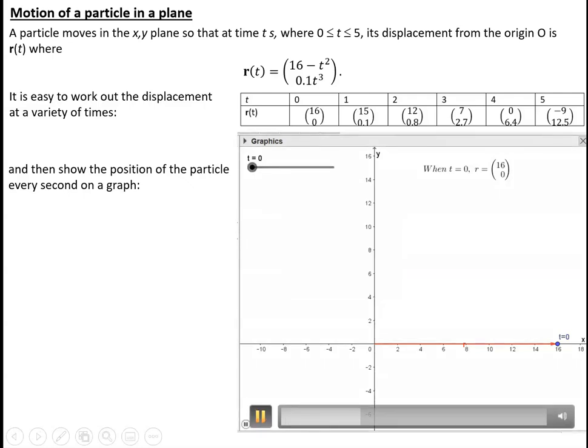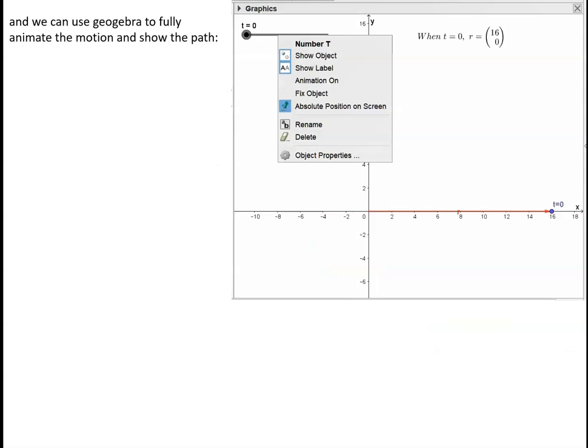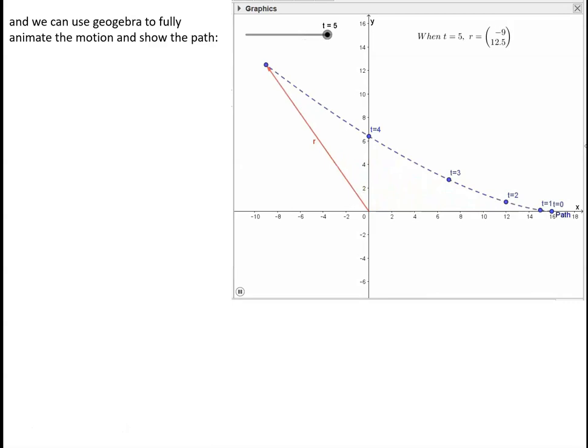So here we've got t equals 0, we've got the point 16, 0, and we've got each of the points plotted for t equals 0, 1, 2, 3, 4, and t equals 5 at the end. And if we join these points up with the curve, we can see the path that the particle is following during the time between 0 and 5.